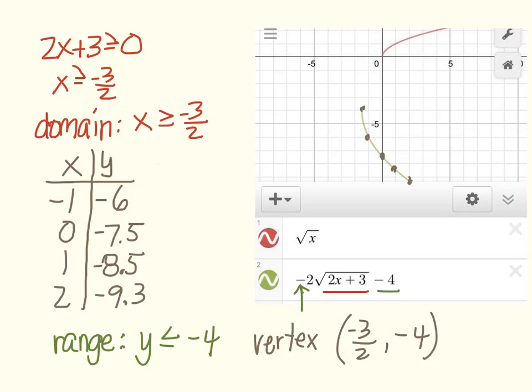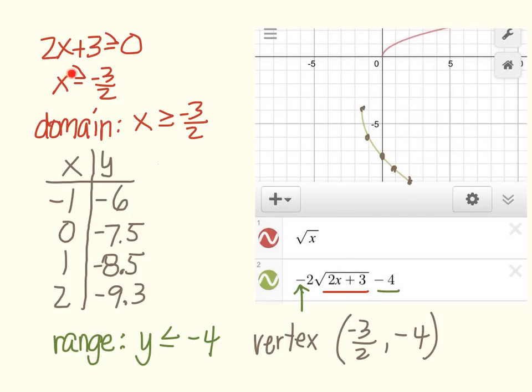So if you're given a radical function to graph, you will start with the function. Here's my function, y equals negative 2 times the square root of 2x plus 3, minus 4. You're going to start with what's underneath the radical because you know it cannot be a negative number, so it has to be greater than or equal to 0.